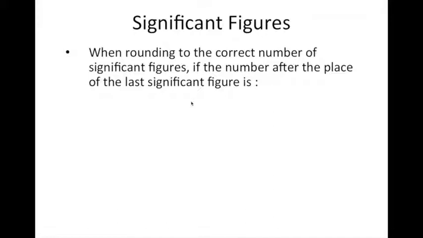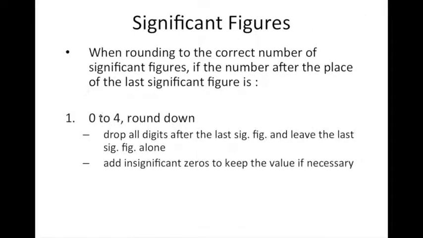So let's mention just a little bit more about rounding before we move on and work some problems, adding and subtracting, multiplying and dividing. There are lots of different rules for how to round a number correctly. We're going with a very simple rule here. Basically, if you have a 0 to 4, you round down.